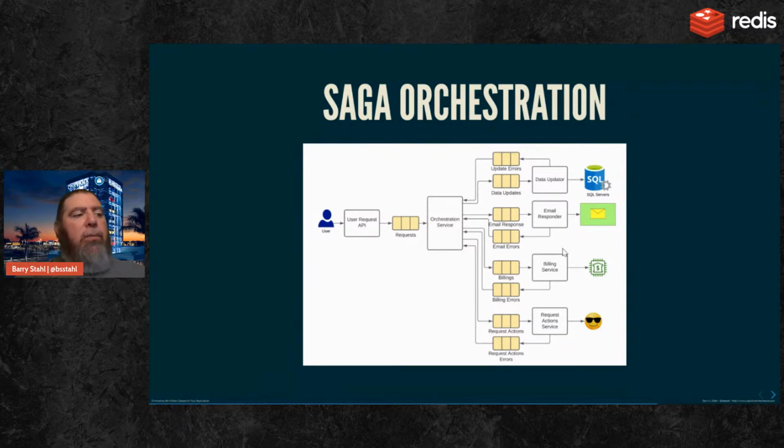So if we were to issue a request to the billing service, and that would call the bank and debit their account, and then we get an error back from the request action service that says we can't actually do the thing they asked us to do, we need to issue a compensating transaction on that billing service. And that would be the responsibility of the orchestration service to know that it needs to do that and to issue the command to do it.